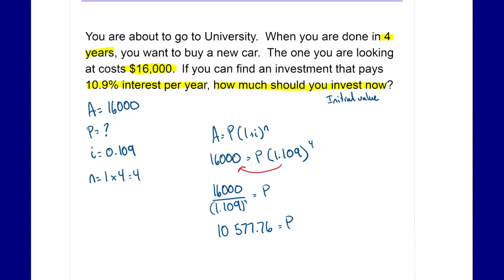So that means at the beginning of university, I should probably invest $10,577.76. So it seems like a lot, but again, you're earning about $5,500 for not doing anything over 4 years.